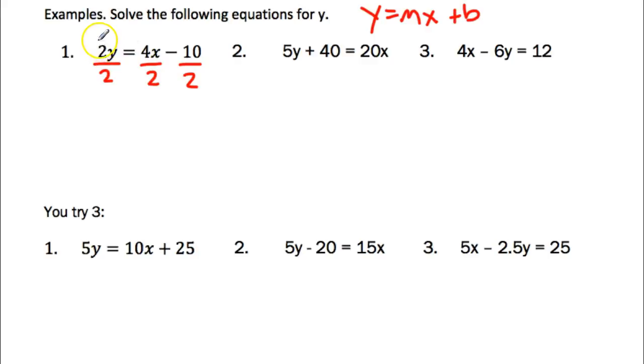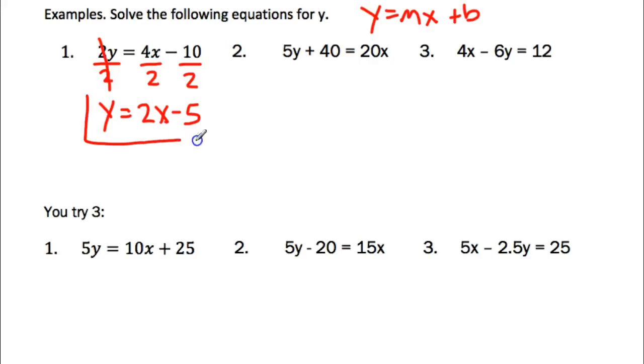So how's that work? These cancel, and I'm left with just y. Over here, 4 divided by 2, that's 2, and I bring down the x. I have a minus sign, I put that there. And then 10 divided by 2 is 5.